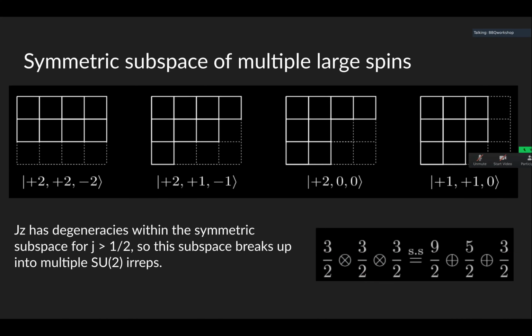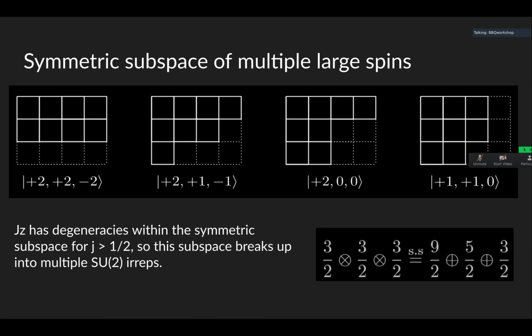Now, the really important thing for these codes is that, unlike the case of spin 1/2, which I think we're all kind of raised on, the totally symmetric subspace of a collection of large J spins does not turn out to be a single irrep of SU2, but it in fact decomposes into many irreps of SU2, which you can count using these Young diagram kind of things, if you want to find out the degeneracy of the JZ operator in these symmetric subspaces.